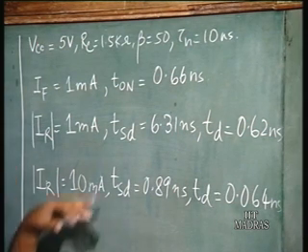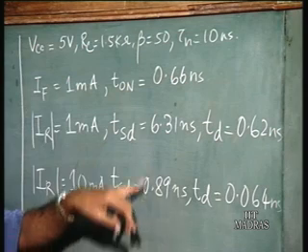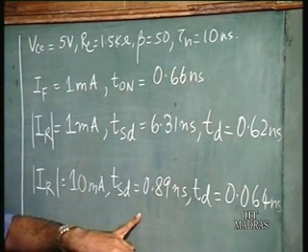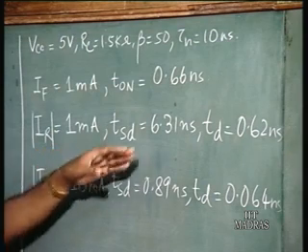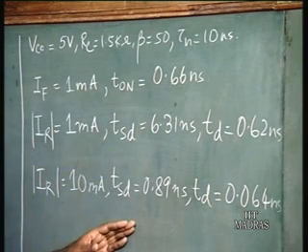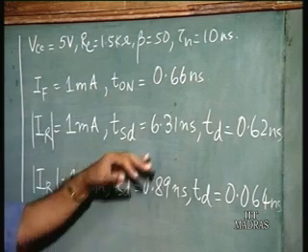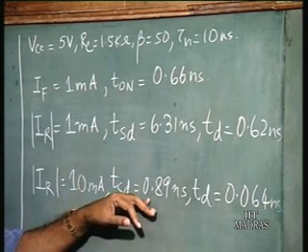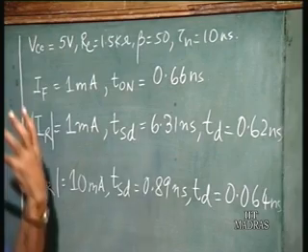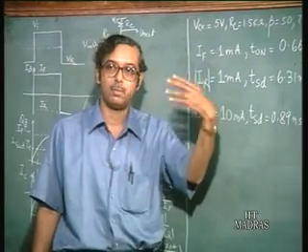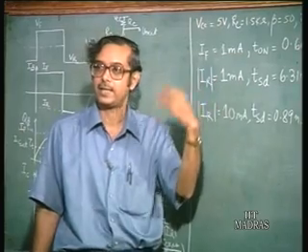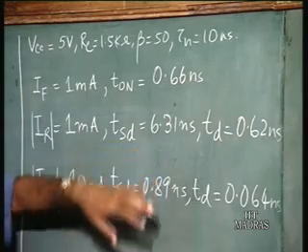You can see here the storage delay time is the major component of delay, and with increase in the reverse current, the storage delay time reduces. It is very important to be able to reduce the storage delay time, because the charges are very large when you go above saturation; there is a lot of excess charge, and that has to be removed. So, that takes a lot of time.